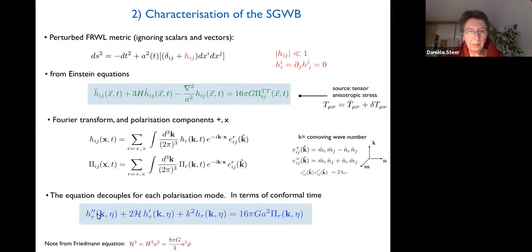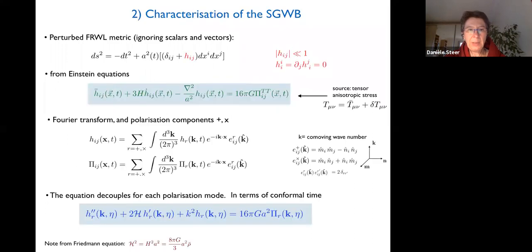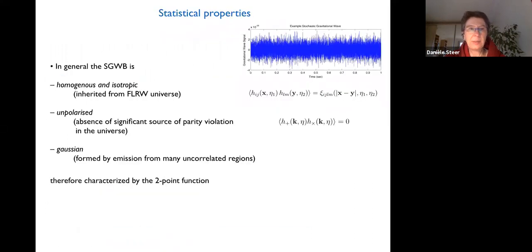Okay, so this is our equation for the polarization components in an expanding universe, in a Friedmann-Robertson-Walker universe. And we now want to discuss its statistical properties. So as I already said, in general, we expect the stochastic gravitational wave background to be homogeneous and isotropic.